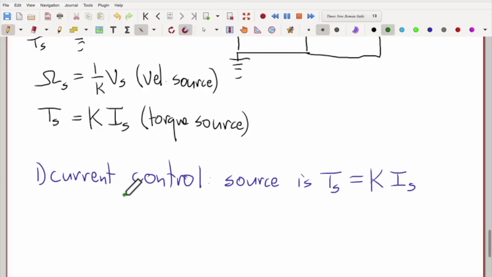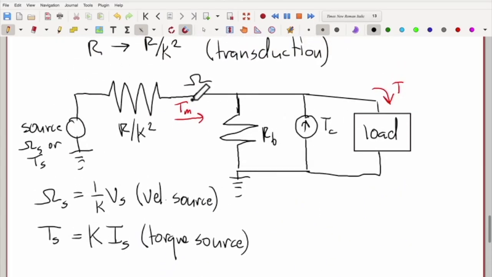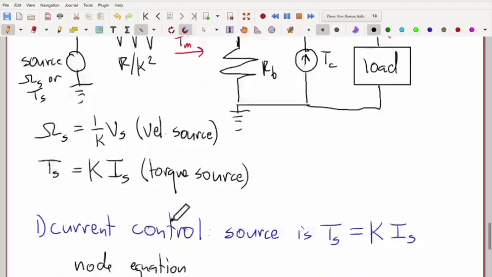So to analyze what's going on there, we use a node equation at this node here.